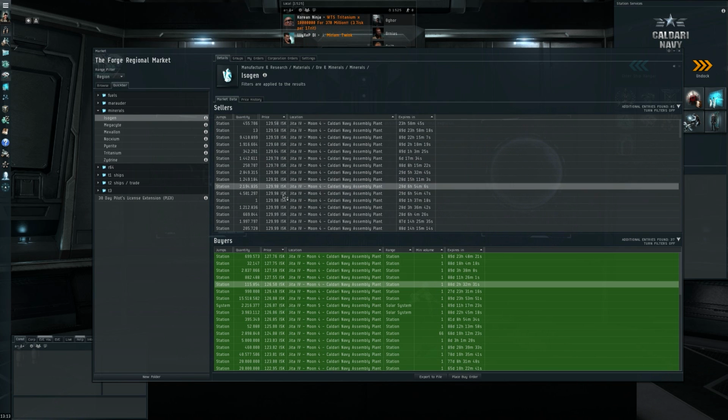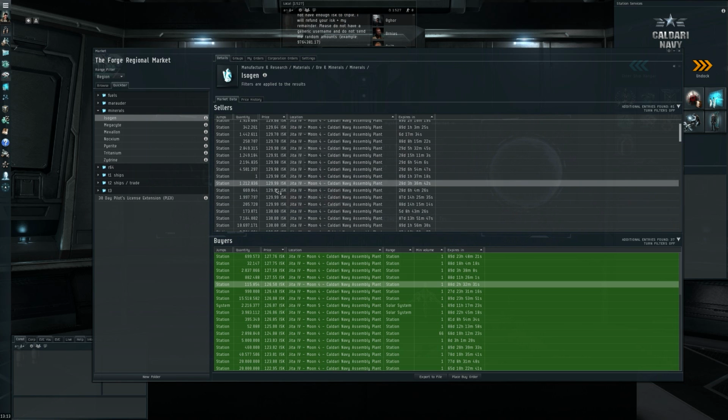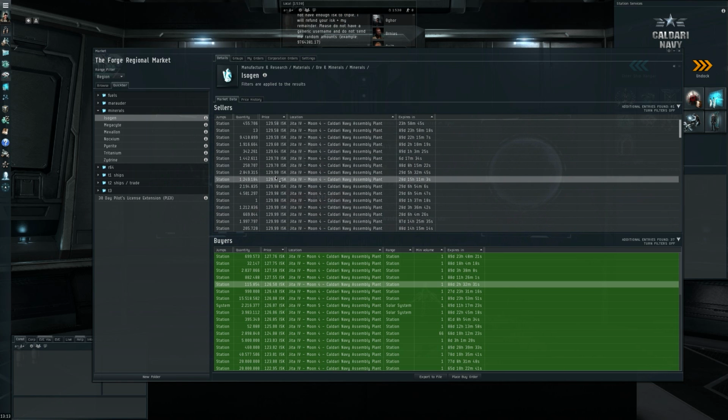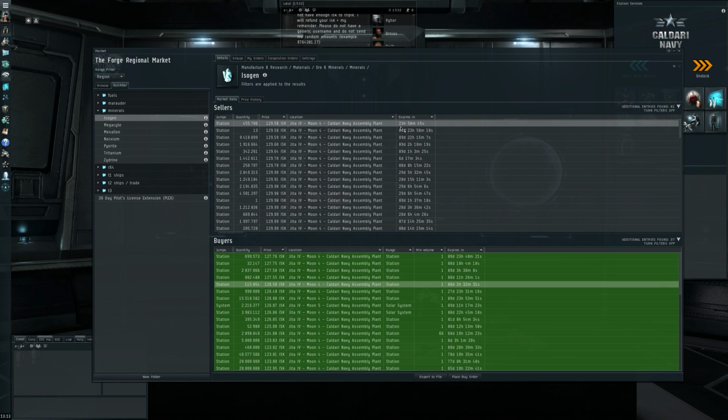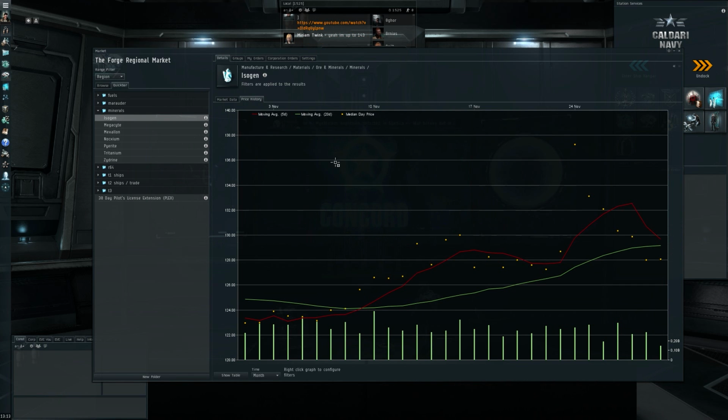Yeah, there's a good amount of orders here. At the 130, 129.99, there's some competition here, including some decently recent ones, so people are willing to part with them at around the 130 ISK mark, which is right here.